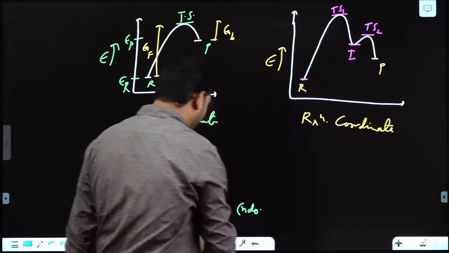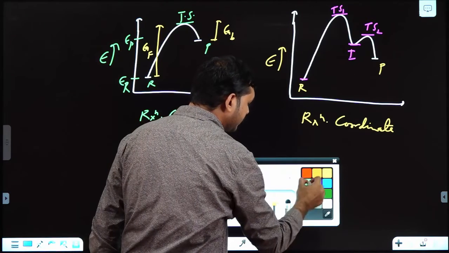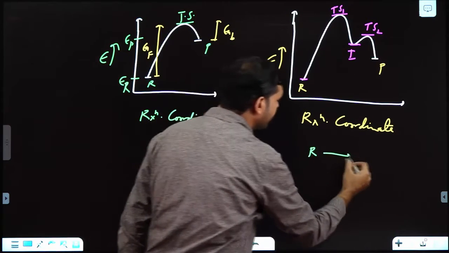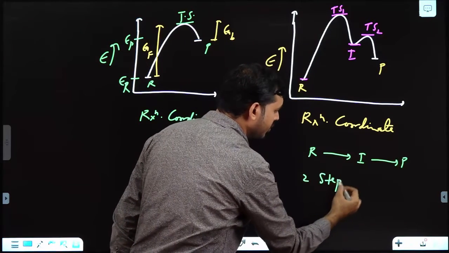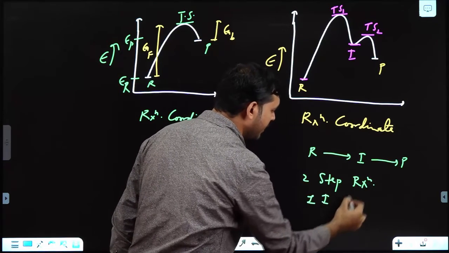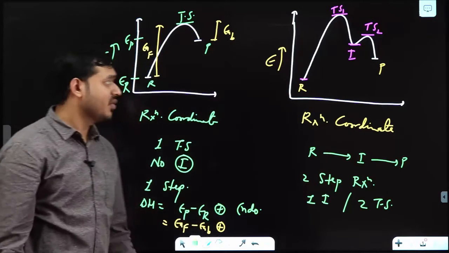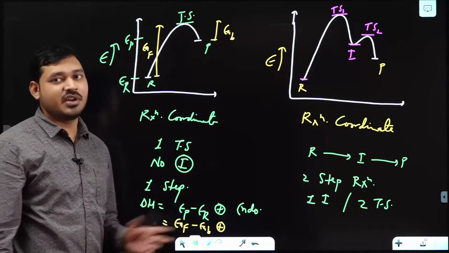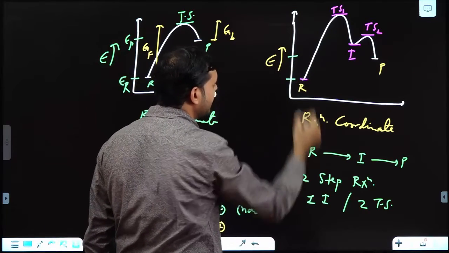So you can see here the reaction is actually from reactant to intermediate to product. So it is a two-step reaction, one intermediate, two transition states. Okay. Now, if you have to check whether the reaction is endothermic or exothermic, simply check, this is EP and this is ER.